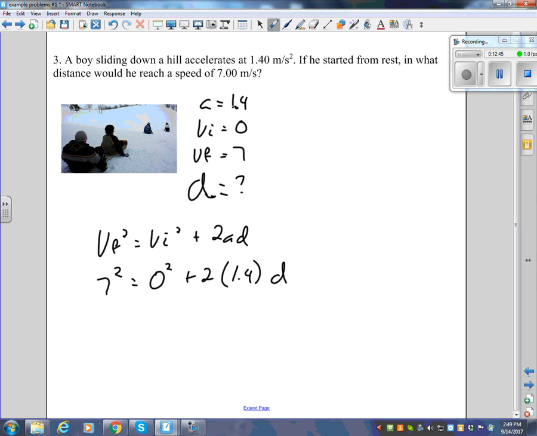Seven squared is 49. The 0 squared disappears. 2 times 1.4 is 2.8d. Divide by 2.8. So you're going to get 49 divided by 2.8. I get 17.5.